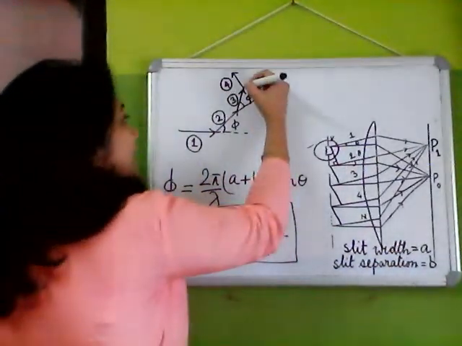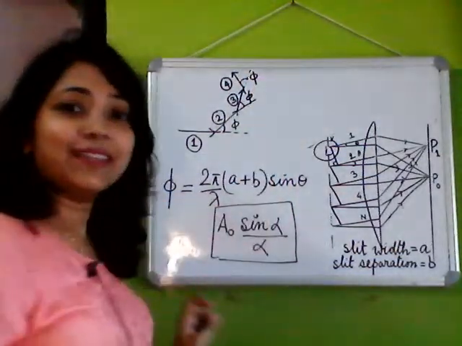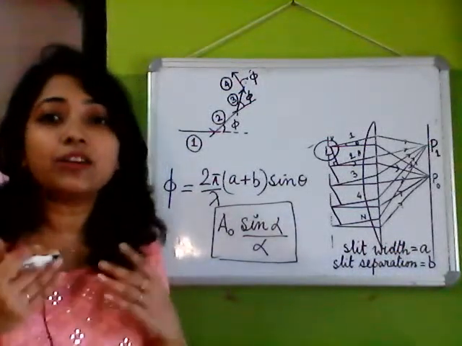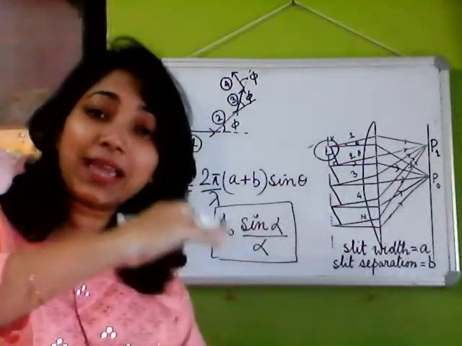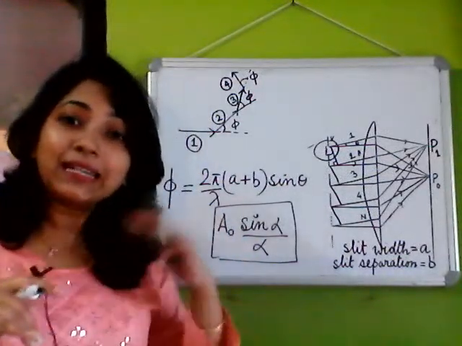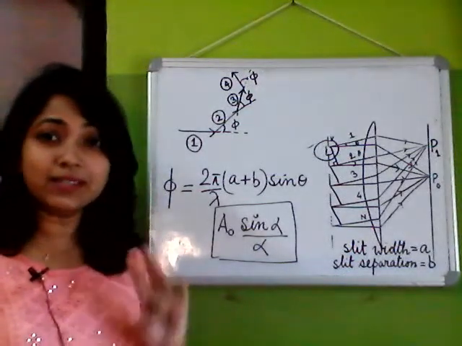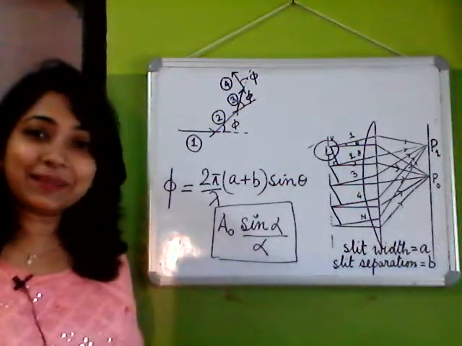And again, what is the phase difference between 3 and 4? The same angle phi. So as if we are now trying to calculate the result of n such superpositions, with the information that the phase difference between successive sources is phi, where phi is 2 pi by lambda (a plus b) sin theta.